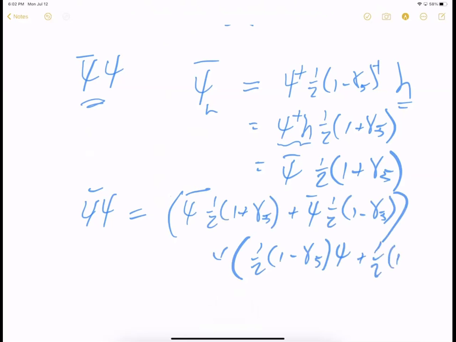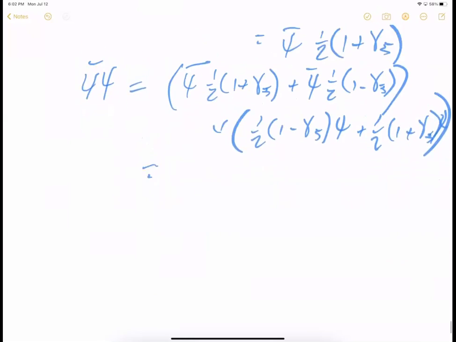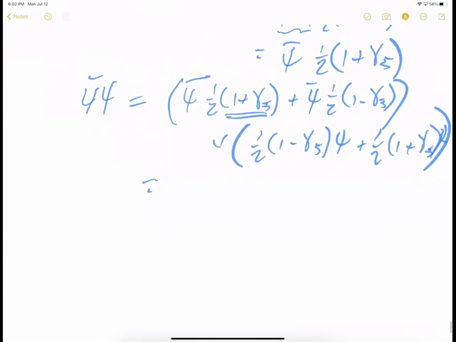So I can certainly write all of that somewhat redundantly. But now when I carry out the multiplication, I've got the 1 plus gamma 5 on the right here and 1 minus gamma 5 on the left there. And those are orthogonal projections. Those give 0. So the product of those two is 0.